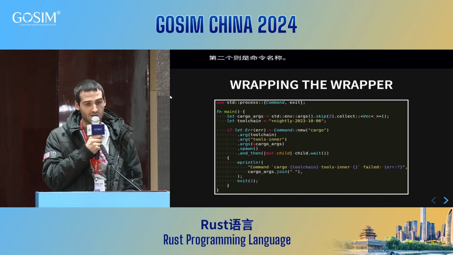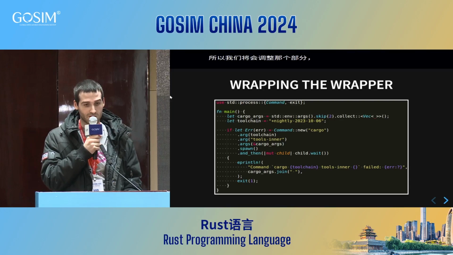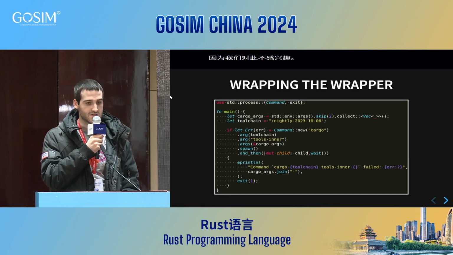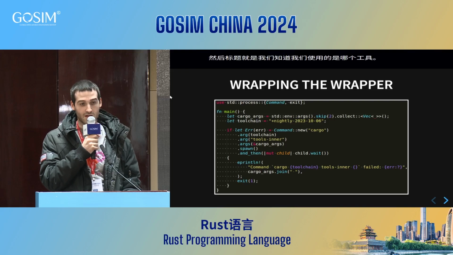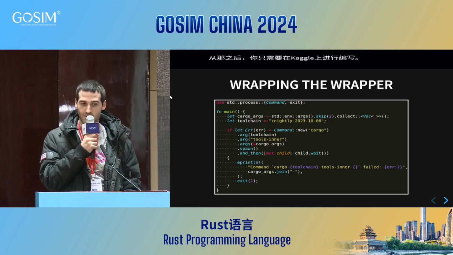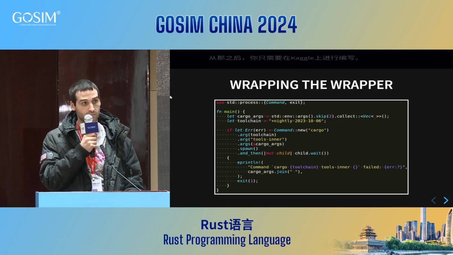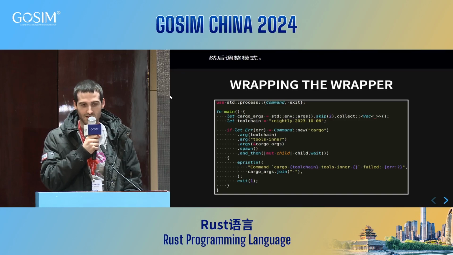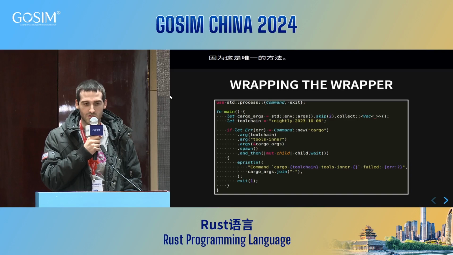And from that, you just need to write a cargo command. You first pass the toolchain argument, then tools-inner, because that's the one we want to actually run. And finally, if the user provided arguments to cargo, you pass them as well. So we run our command, and that's it. Normally, everything should run.